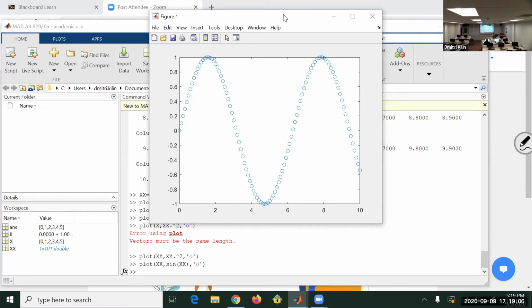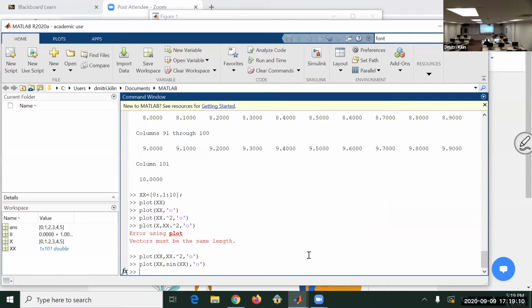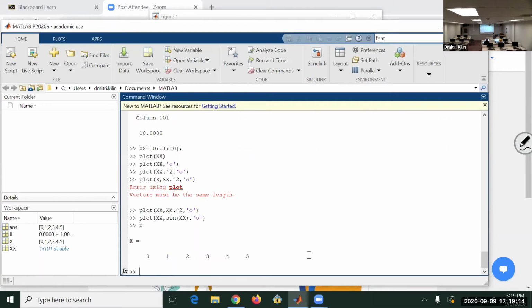So, what if we type, okay, let's recall our short vector x. And now type diff of x. What are you going to get? Okay, and how do you interpret it?